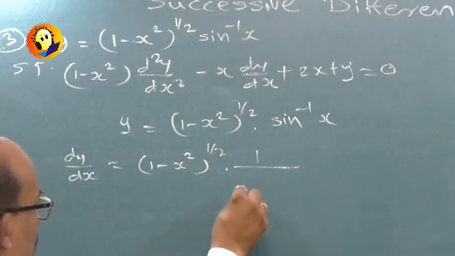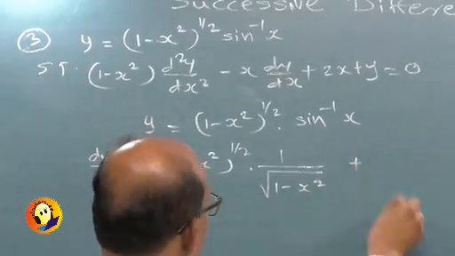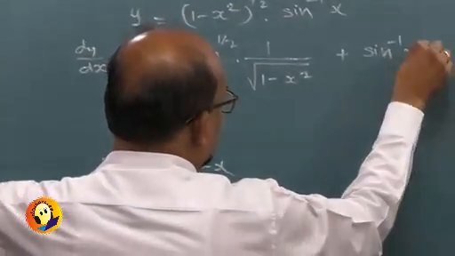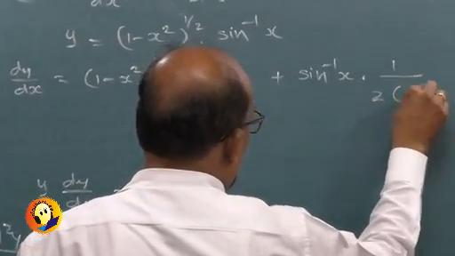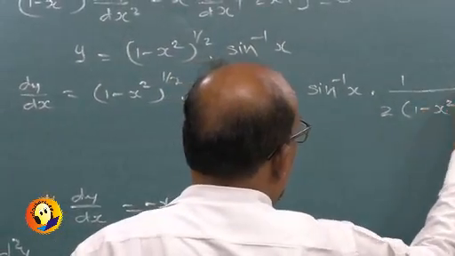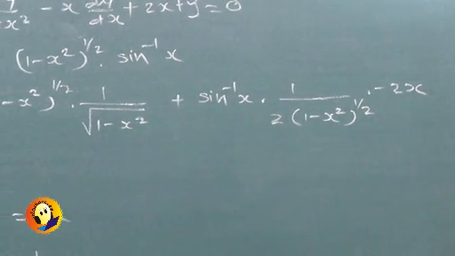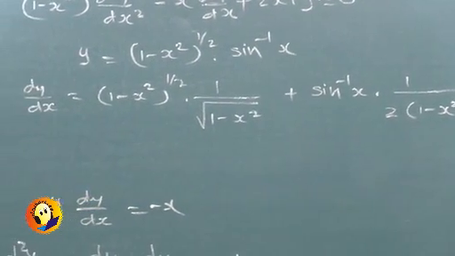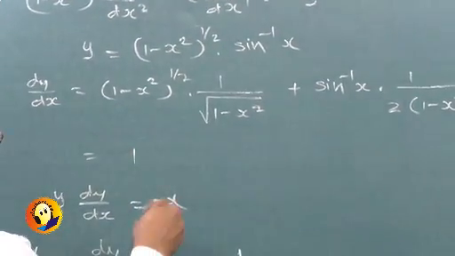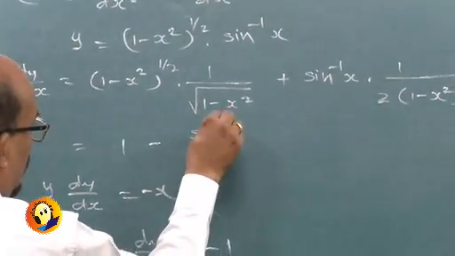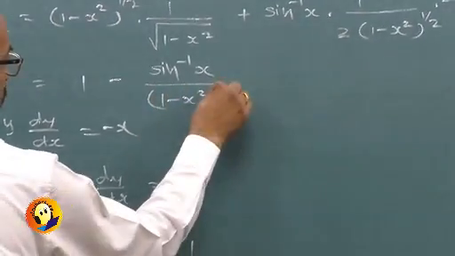Derivative of sine inverse is 1 upon root of 1 minus x square, plus sin inverse x into 1 upon 2 times 1 minus x square raised to half into minus 2x. So this is simply 1 minus sin inverse x upon 1 minus x square raised to half.